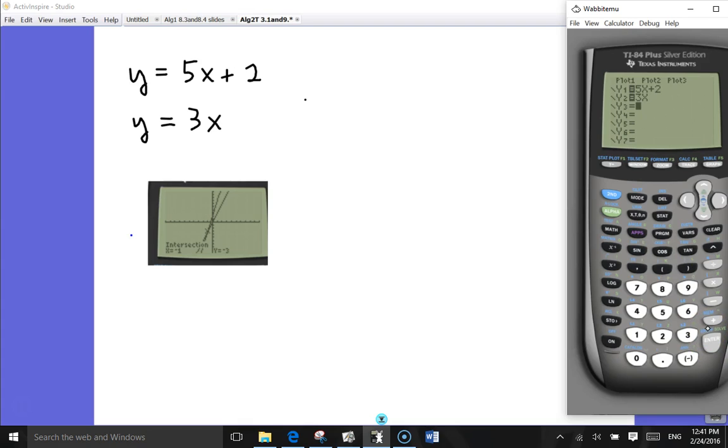I think it was number 4 on the homework the night before. So I look at the graph. I should have 2 lines. I can see a solution. I can see an intersection point. So I go second, trace, 5, enter, enter, enter. And it looks like the solution is negative 1.3, negative 3.